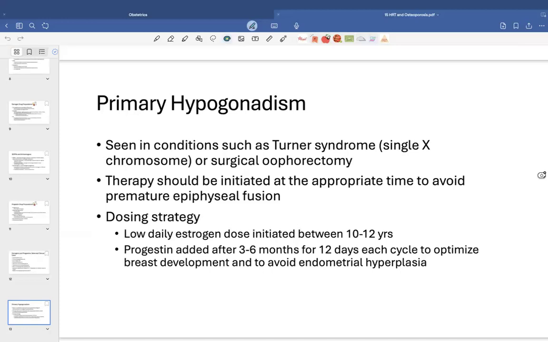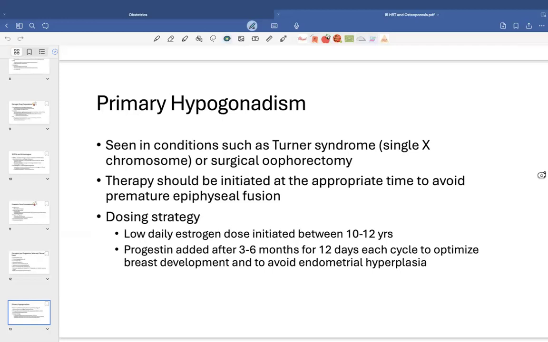So those conditions will require estrogen treatment, but it's not continuous. You basically start at around age 10 to 12 with a low dose of daily estrogen. And then you start a progestin on a cyclical basis after about 3 to 6 months, for 12 days of each cycle, to help optimize breast development and to avoid endometrial hyperplasia.